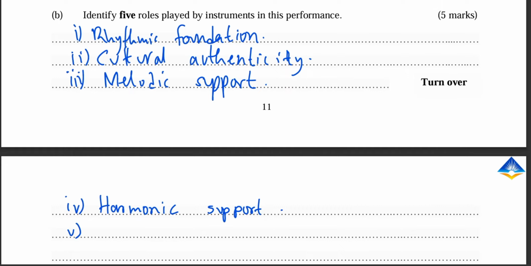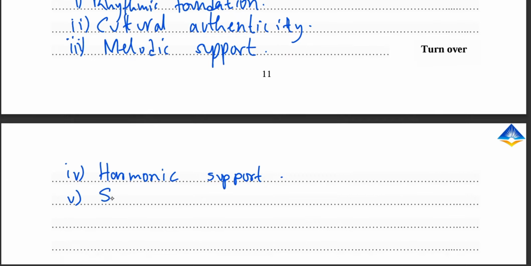Five, instruments will help in signaling and directing. And in this we mean that depending on how an instrument is playing, those people performing the folk song will know when it is time to turn, when it is time to be more vigorous, and so on.